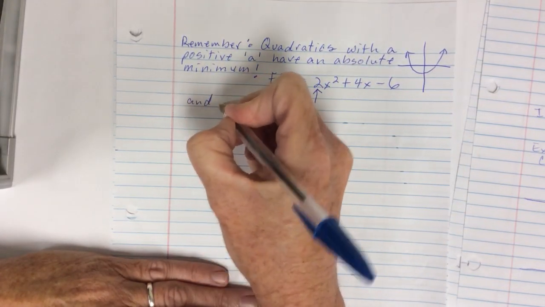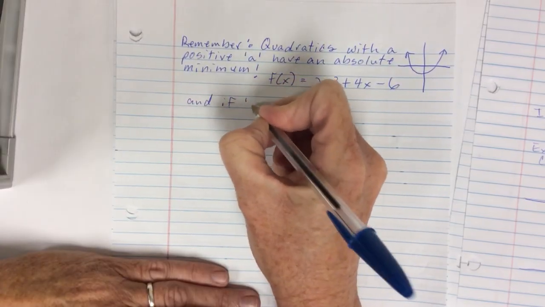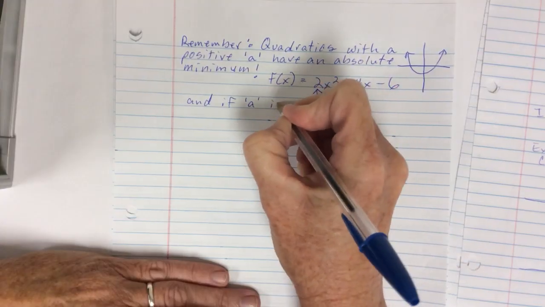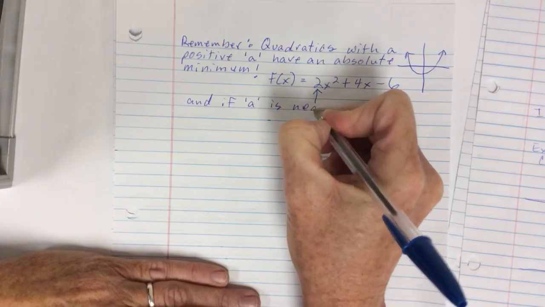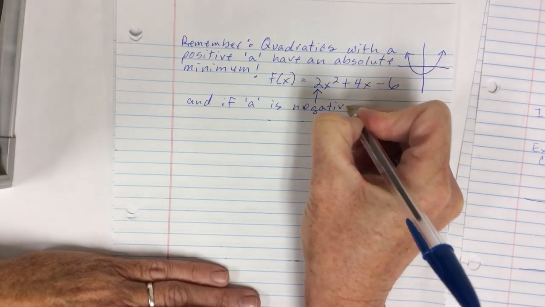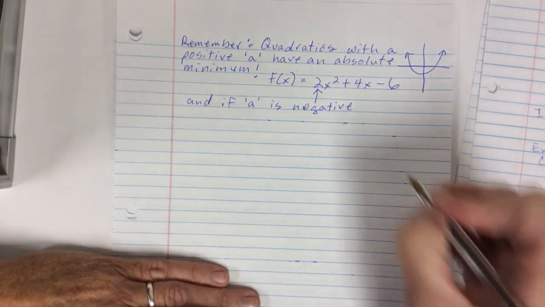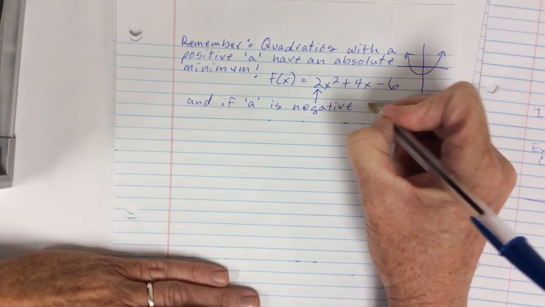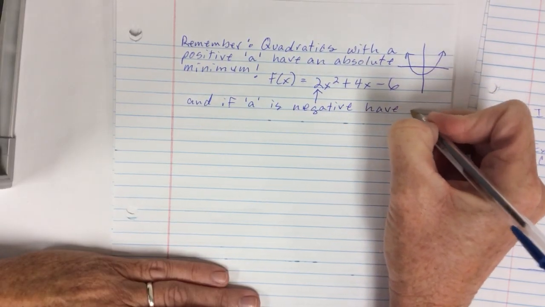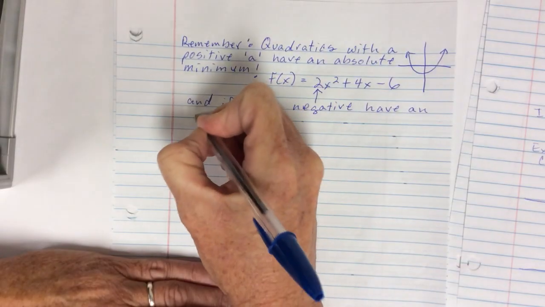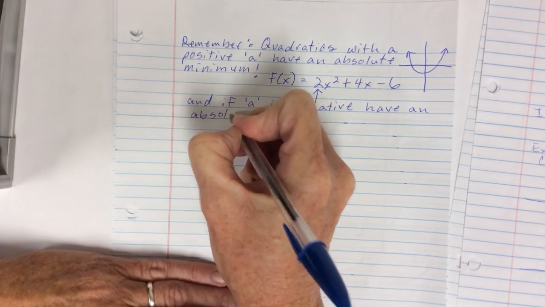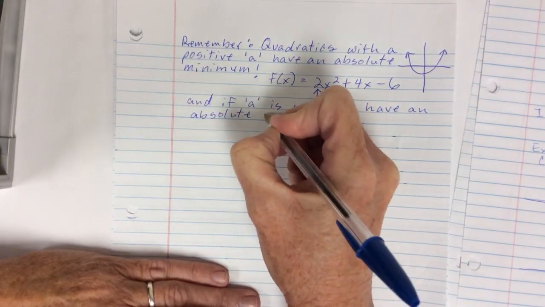So therefore, if a is negative, it will have an absolute maximum.